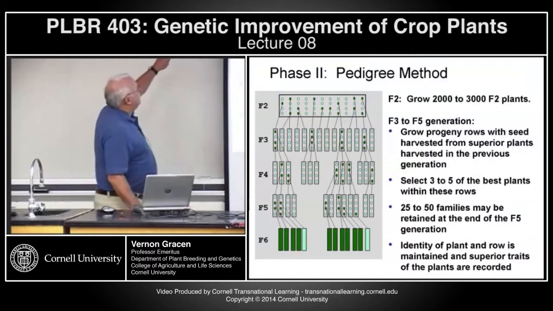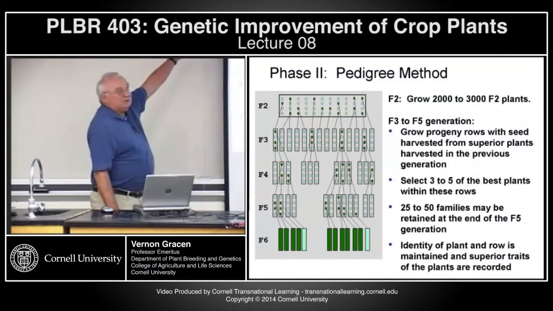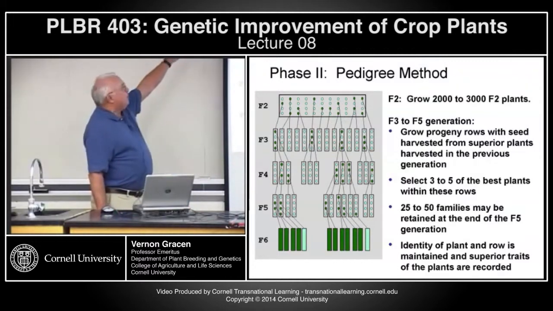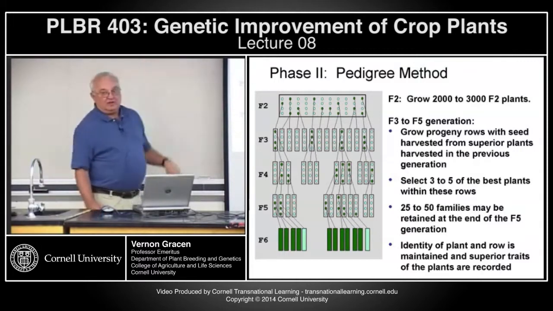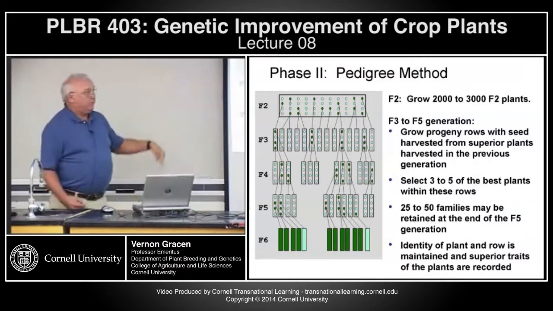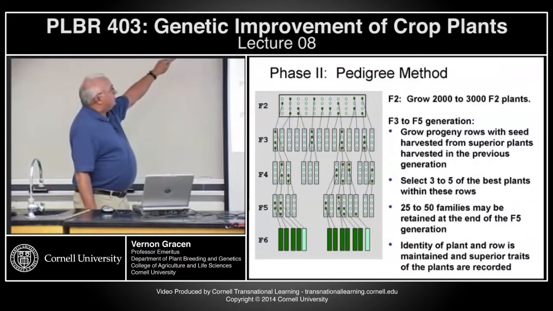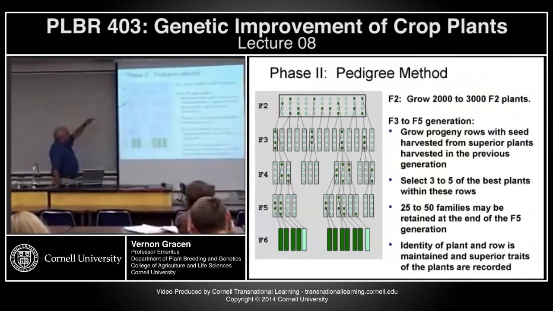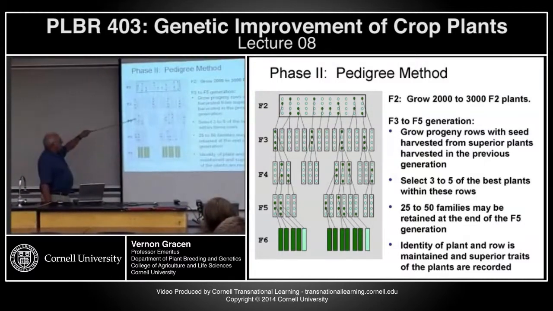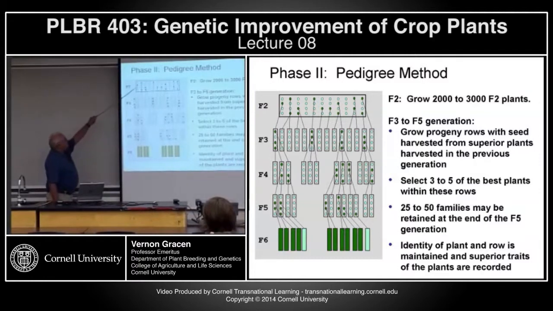If we start out with that individual plant and we plant out the progeny, then those progeny are a family of related individuals from that plant. It's a good point. So as we go here, we select 1, 2, 3 from that related family, and we get 3 more rows. Well, all of these rows are still part of that original family descending back from that original F2 selection.